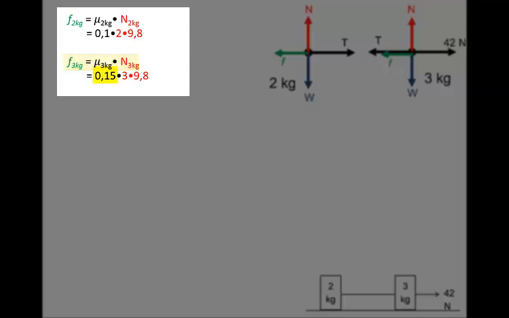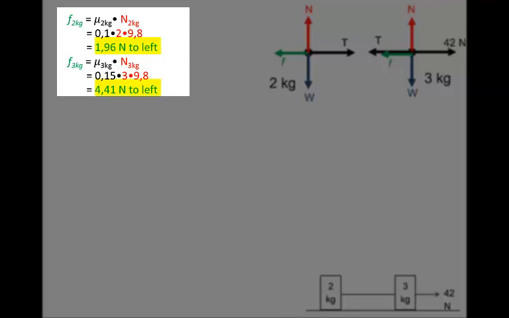So its coefficient of friction was given in the question as 0.15. Its normal force is equal in magnitude but opposite in direction to its weight, which is 3, not 2. 3, because it's a 3 kilogram object, multiplied by acceleration due to gravity, 9.8. And so that gives us these answers.